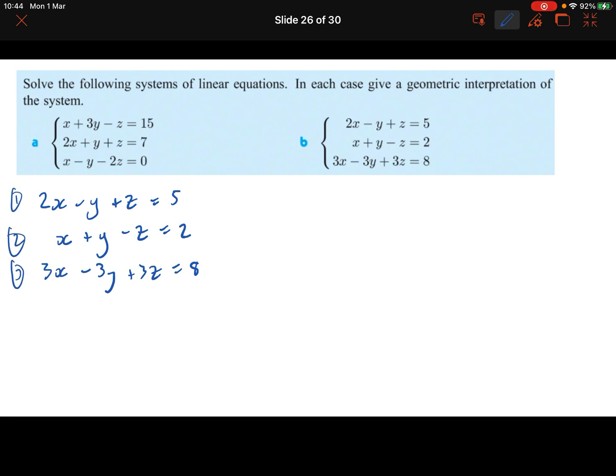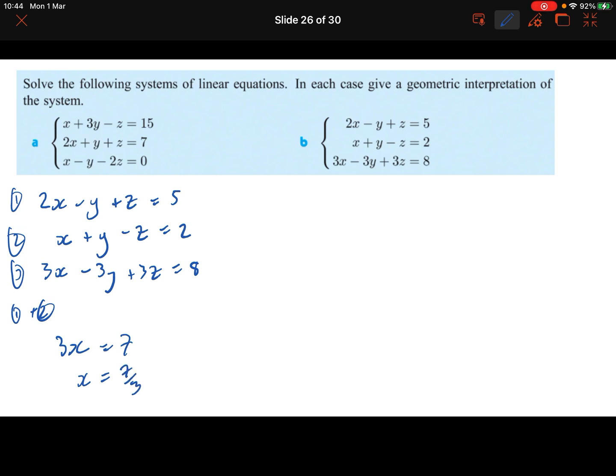Again, let's add equations 1 and 2. We are going to get 3x, well, the y's will disappear actually, and so will the z's. So that's going to be equal to 5 plus 2, which is 7. So x is going to be equal to 7 over 3.